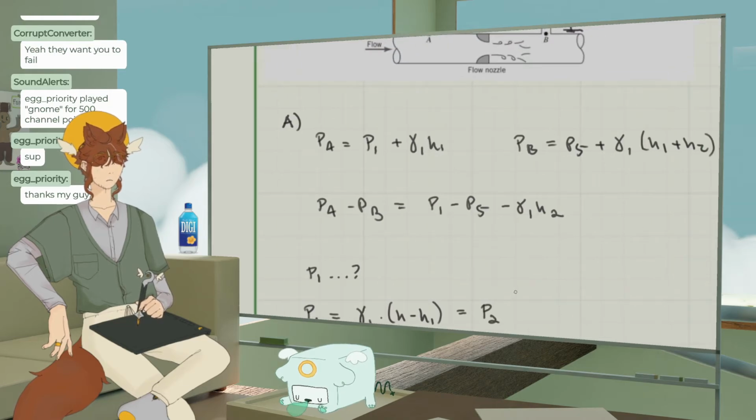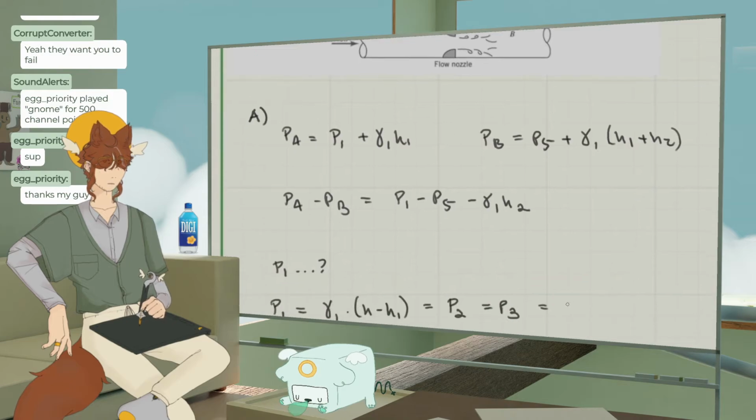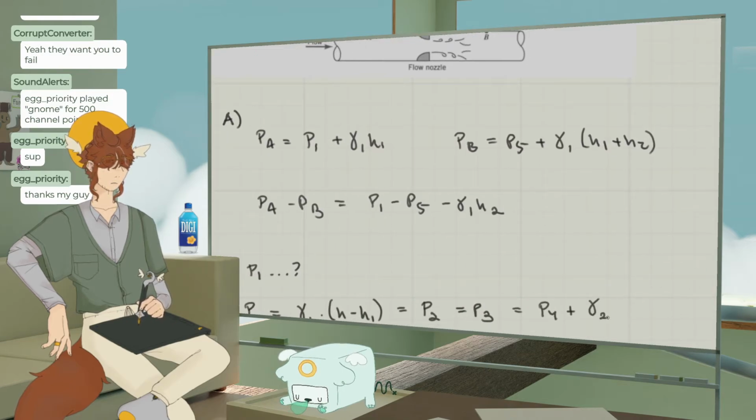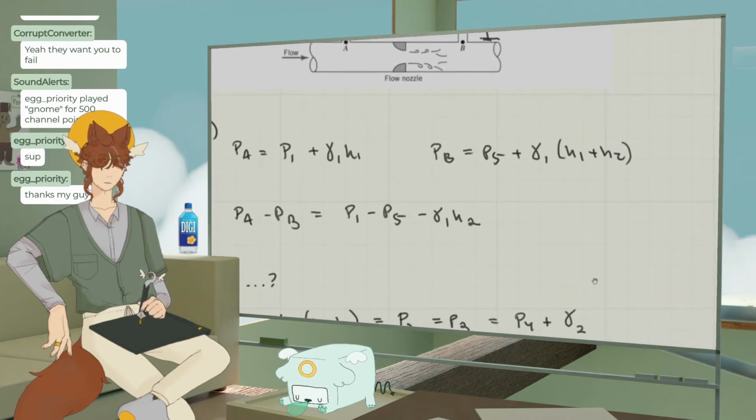And P2 equals P3, which equals, okay, we're getting there, P4 plus gamma 2, or is that gamma? Maybe, yeah. I've been saying gamma. Gamma 2 times h2.